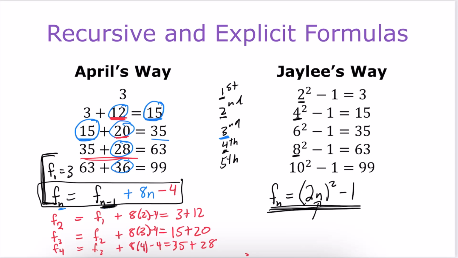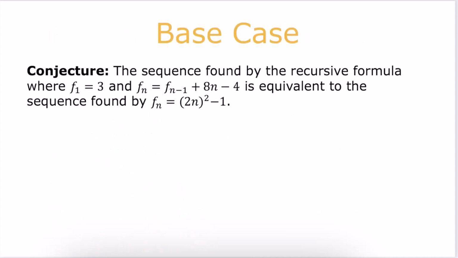Now that I have a recursive formula and an explicit formula, it's time to prove that these two formulas will create the same sequence. Now that I've written the recursive and the explicit formulas, which are represented here, here's the recursive formula, here's the explicit formula, I can state my conjecture more formally.